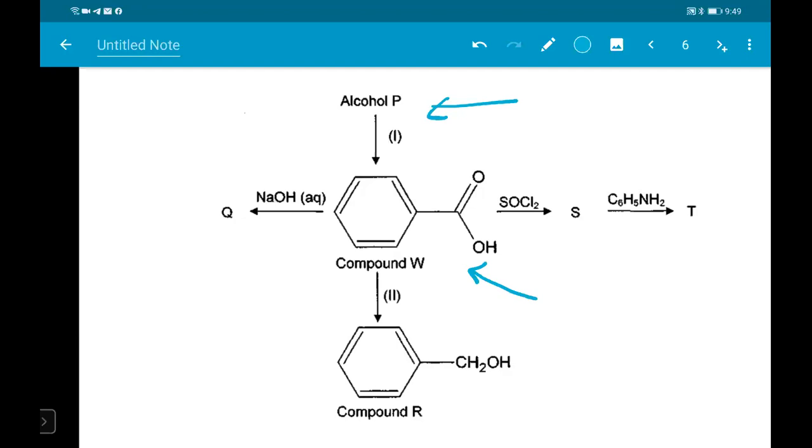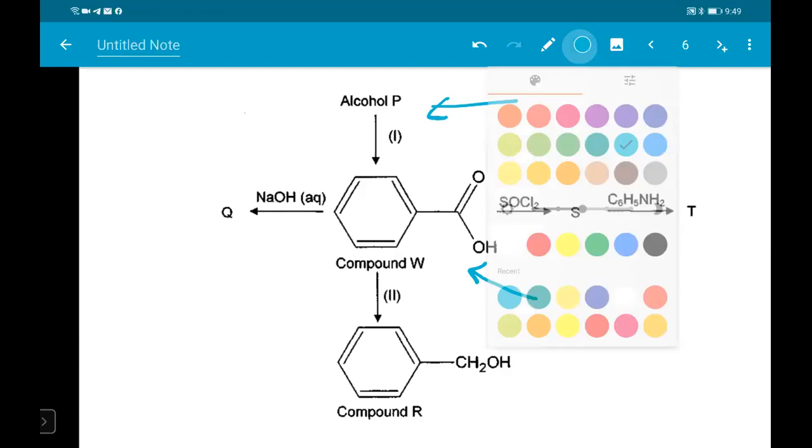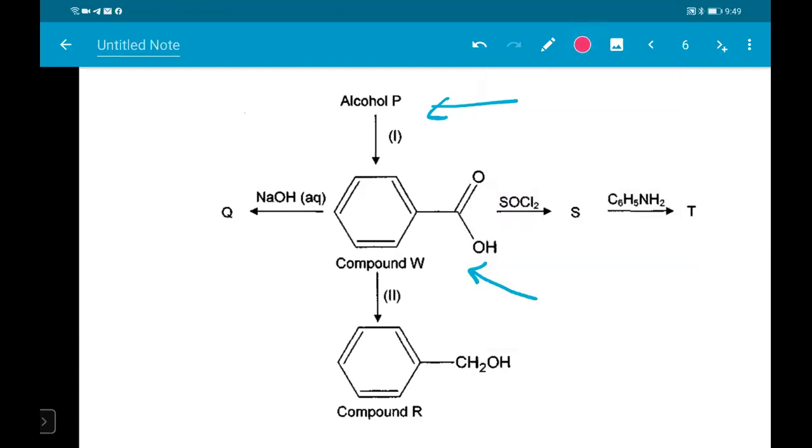Okay, thank you Husna. Can betul boleh explain kenapa Husna kata oxidation? Anyone? Kenapa dipanggil oxidation?